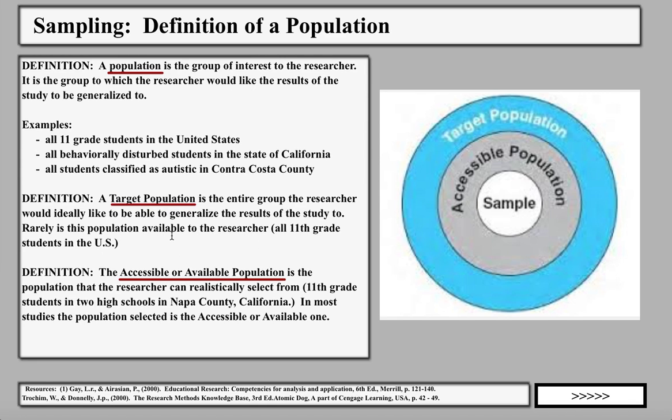That's the target population. Now, the accessible or available population is the population that the researcher can realistically select. 11th grade students in 2 high schools in Napa County, California. That could be an accessible population. In most studies, the population selected is the accessible or available one.